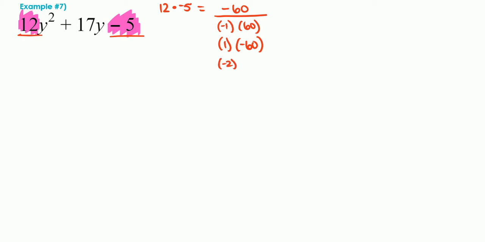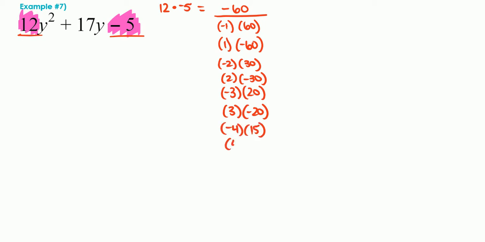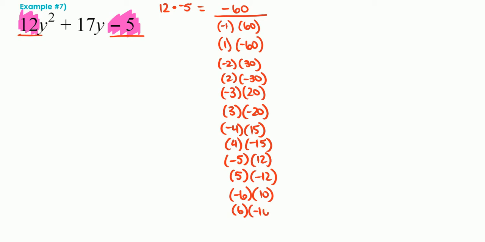So -2 times +30, +2 times -30, -3 times +20, +3 times -20, -4 times +15, +4 times -15. Almost done. -5 times +12 and +5 times -12. Last two, we have -6 times +10 and +6 times -10.